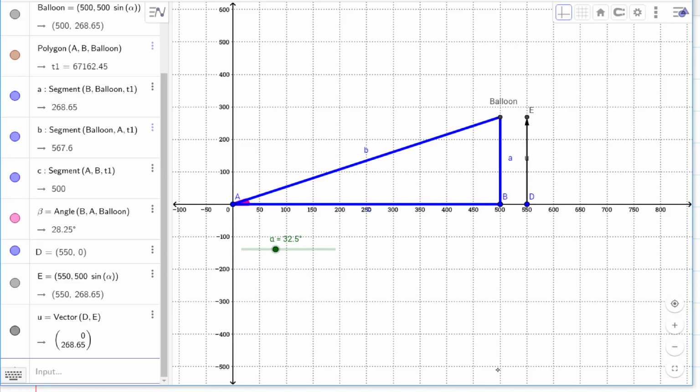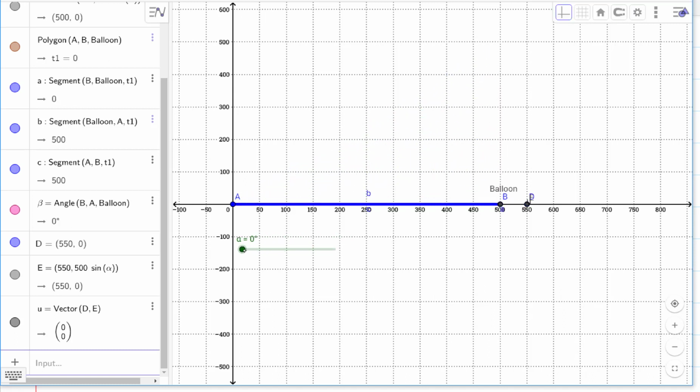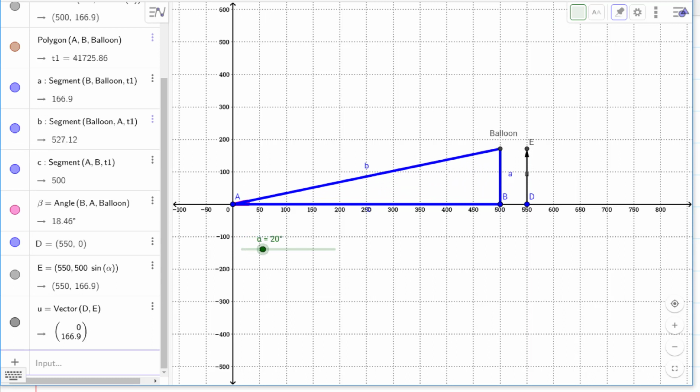Now let me show you exactly what I'm talking about in this problem. This is what it looks like if right here is my rangefinder, where coordinate A is my rangefinder, and right here is my balloon. This purple angle right here is the angle that's created in between them. You can see how it increases and decreases as the balloon rises. So the balloon starts at the ground and then increases slowly like this.